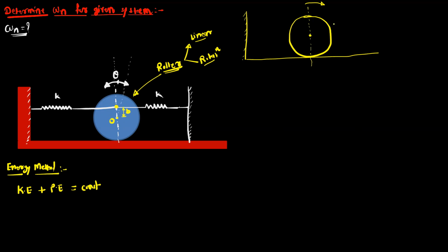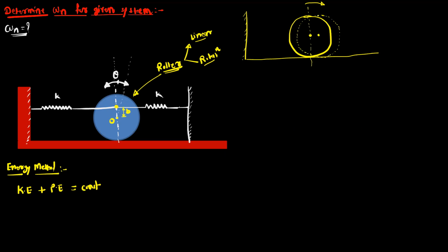So as it is rolling in the clockwise direction, this center point or the CG will shift towards the right side. So this is the new position of the center of gravity. So this dotted circle represents the position of the complete roller after theta angular displacement in the rightward direction.